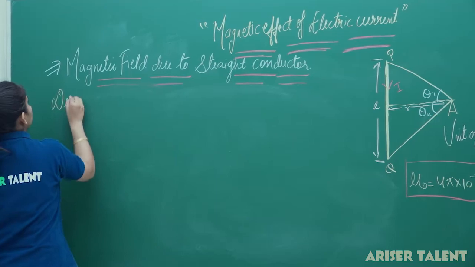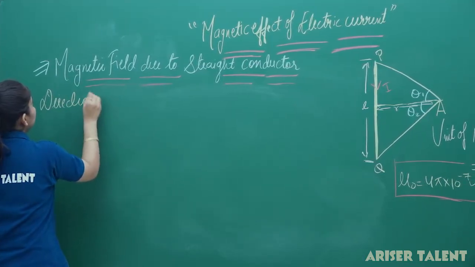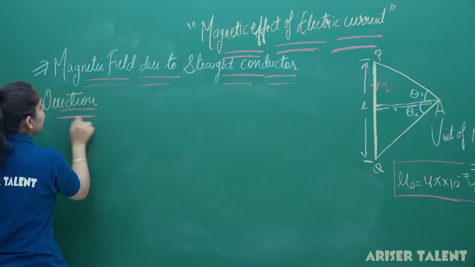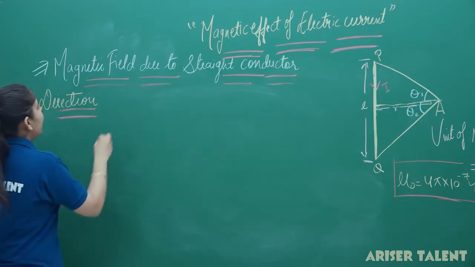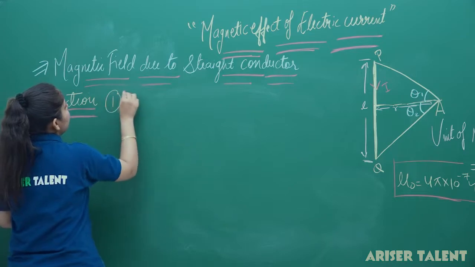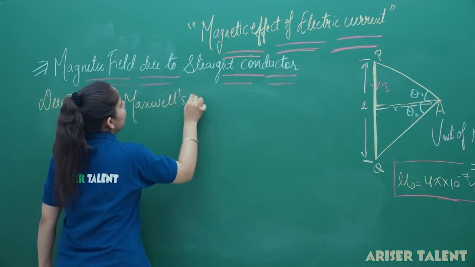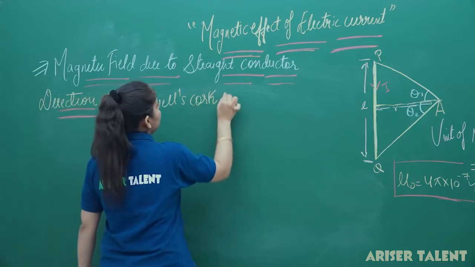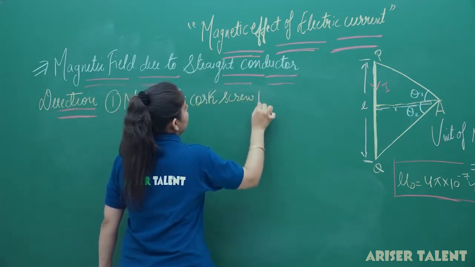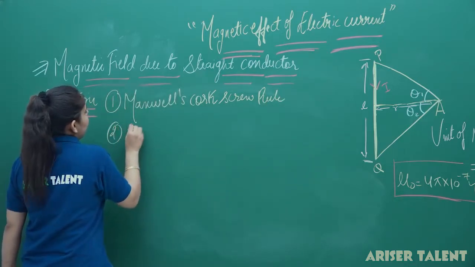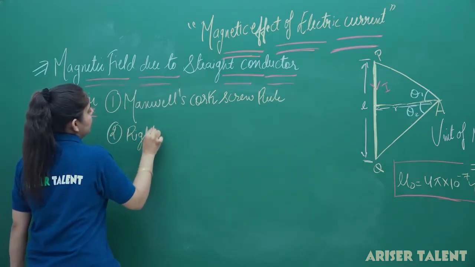The direction of magnetic field and current is basically given by two important rules: first, Maxwell's corkscrew rule, and the second rule is our right hand thumb rule.